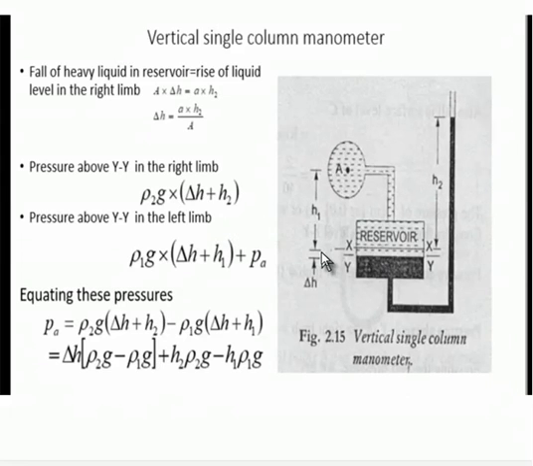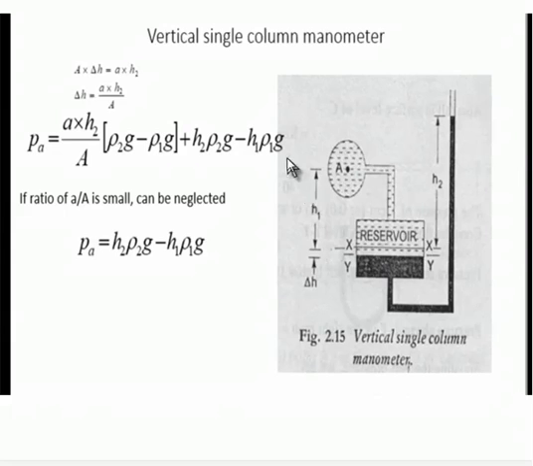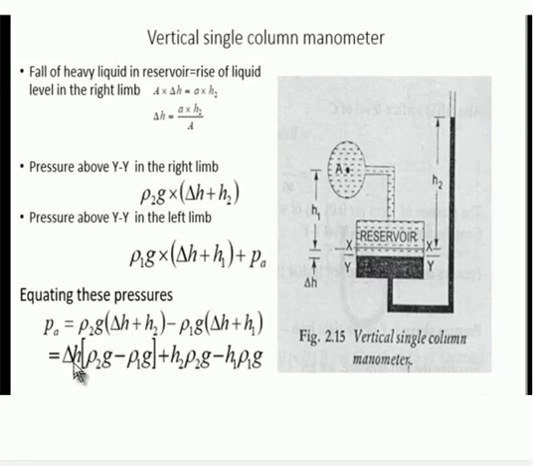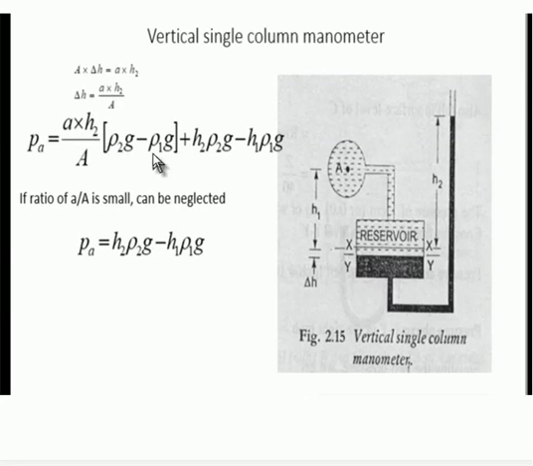Next, A delta H is equal to a H2, so delta H is equal to a H2 by A. You can substitute this into the equation for delta H, and we get the answer.